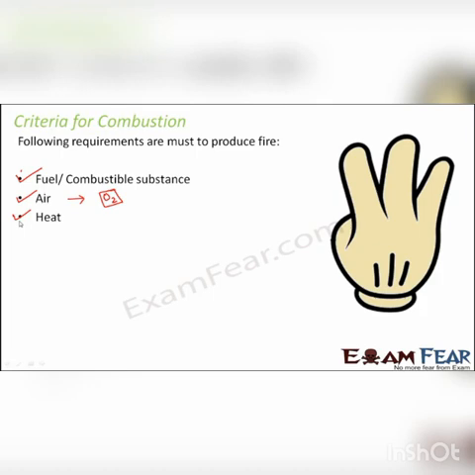The first point, the combustible substance, we have already discussed: not all substances readily burn. Those substances which easily burn to produce a lot of heat and light are called combustible substances, and one such combustible substance has to be present for combustion to take place.